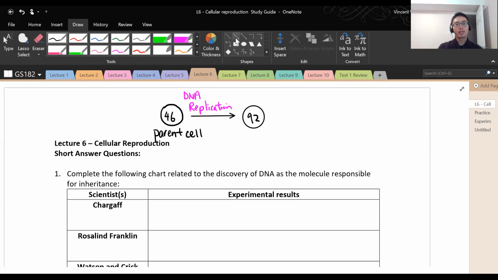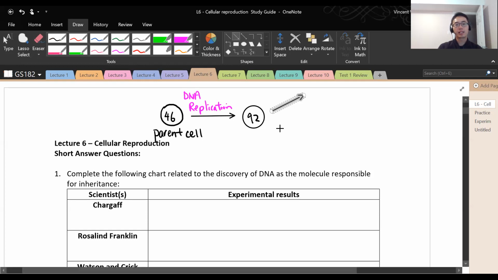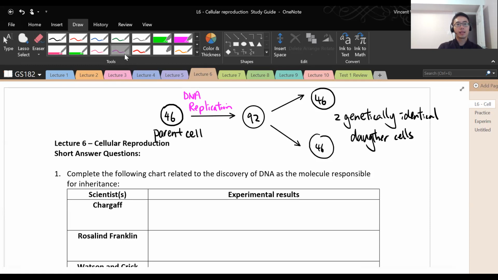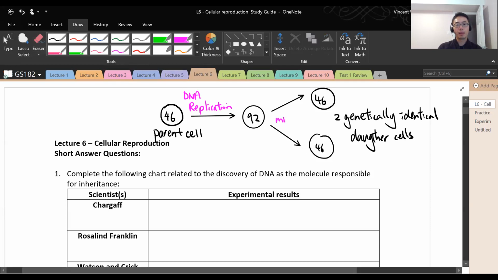Once the DNA has been replicated, then the cell is ready to split, and you end up having two genetically identical daughter cells. And this process is called mitosis.